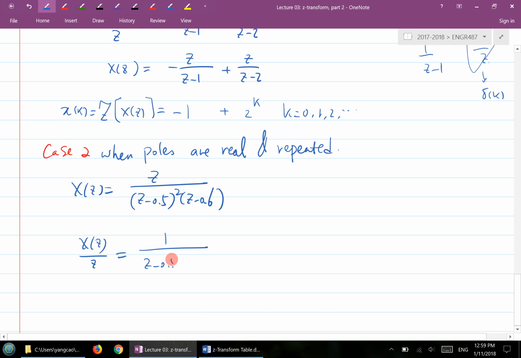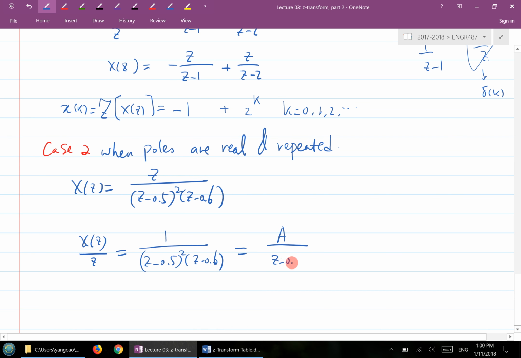So it's going to be like this now, and then we do partial fraction expansion on this one here. Just be careful here. The result is a over z minus 0.5 squared plus b over z minus 0.5.